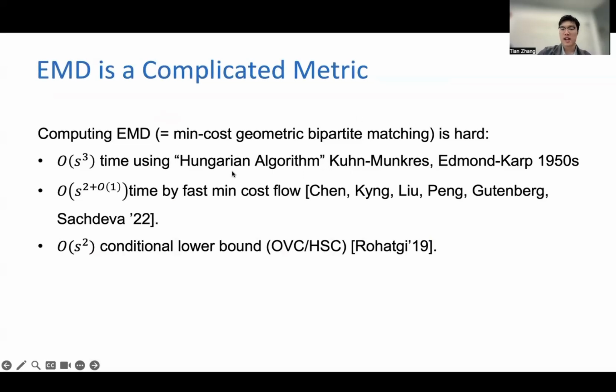The classic Hungarian algorithm takes s cubed time, and a flow algorithm would take quadratic time. If we assume some well-known hardness conjecture, it turns out that quadratic time is also the lower bound. So EMD is hard.